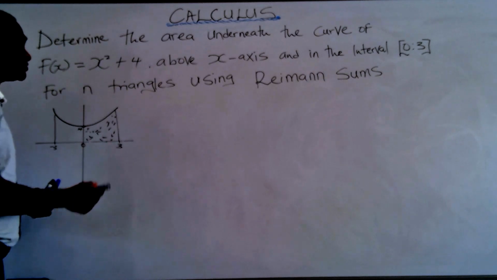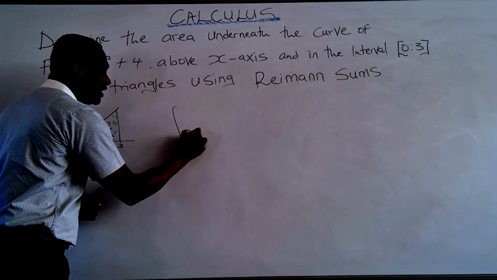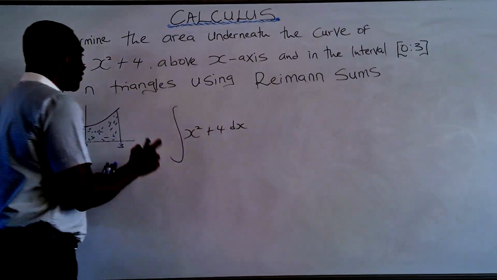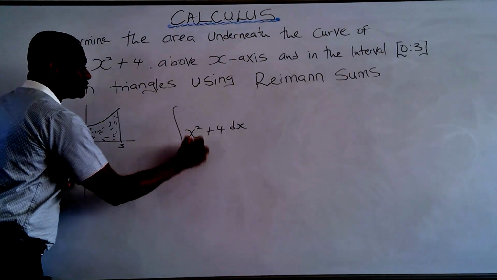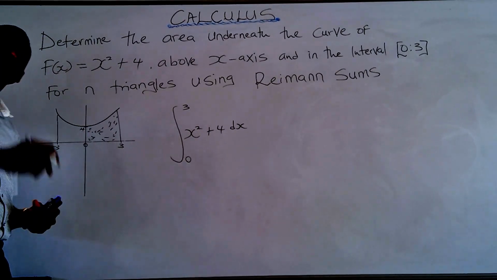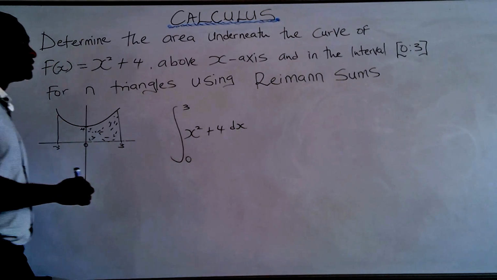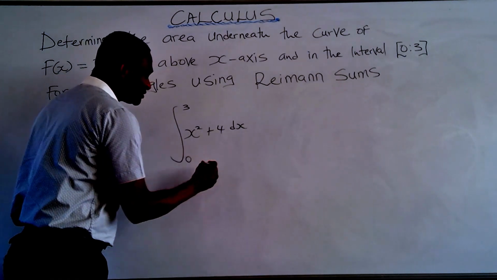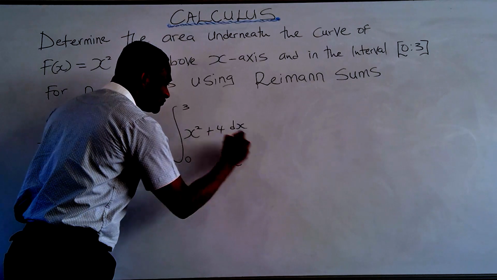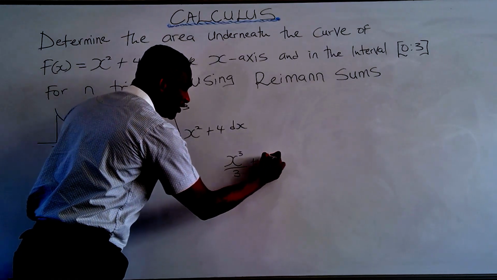And what do we do here? We can get the integral of the function, with respect to x, from 0 to 3. So the definite integral of this will give us the actual value. If we integrate this, it becomes x to the power of 2 plus 1, which is x cubed over 3, plus 4x.